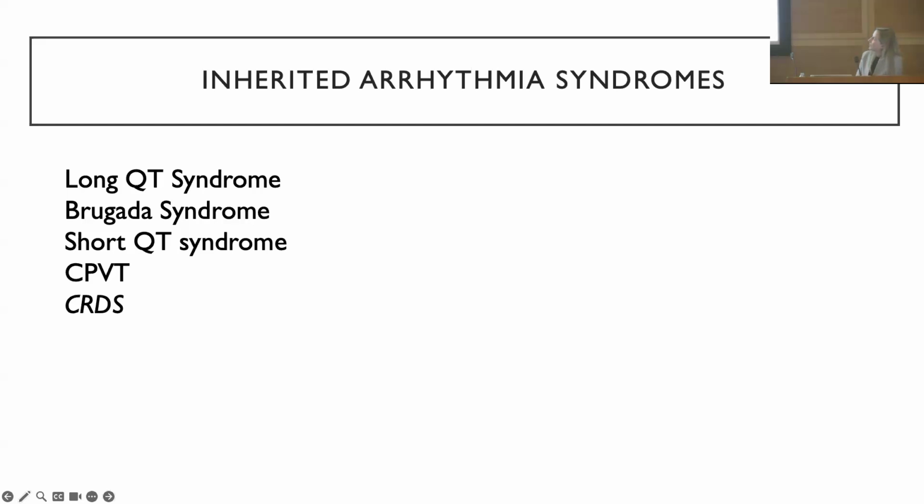In case anybody's not familiar with this group of diseases, there used to be 4, more recently now 5 conditions. So long QT, short QT syndrome, Brugada syndrome, catecholaminergic polymorphic ventricular tachycardia, and the new condition that was actually fully characterized here in Canada called calcium release deficiency syndrome.